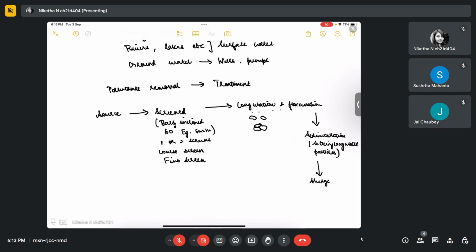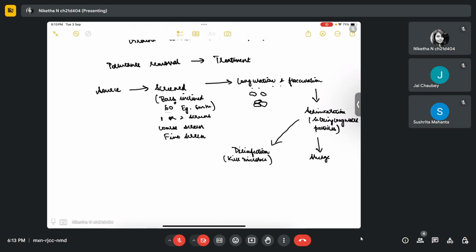After sedimentation, the next step is disinfection. Disinfection essentially kills all microbes, microorganisms, especially bacteria and fungi and viruses, etc. Most of them will be killed during disinfection.